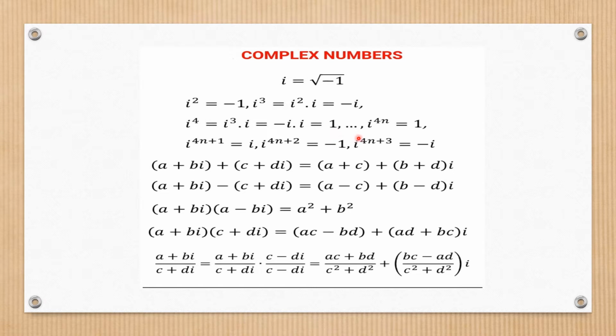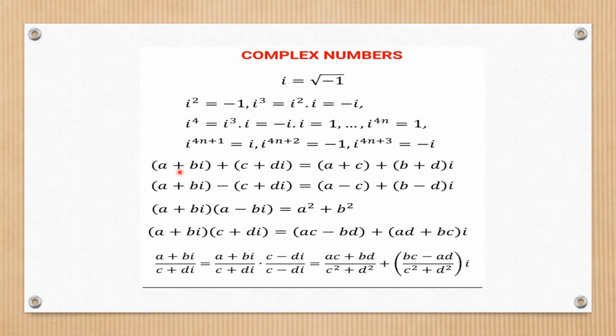So that means if i is raised to a power that is a multiple of 4, then it has the value 1. And if i is raised to power 4n + 1, it will be i, 4n + 2 gives -1, and i raised to power 4n + 3 will be -i.